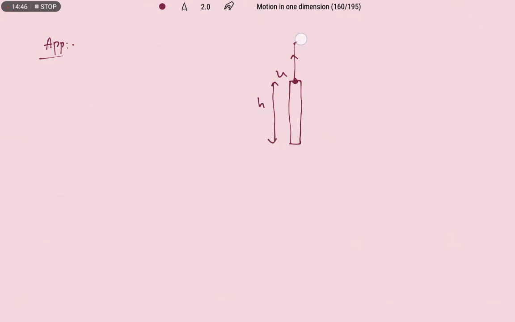It reaches the ground after t1 seconds. Next, another object B is projected downwards with the same initial velocity as the first one.